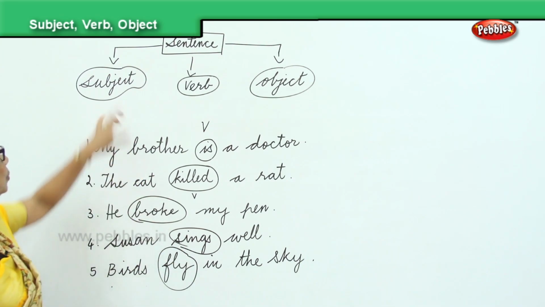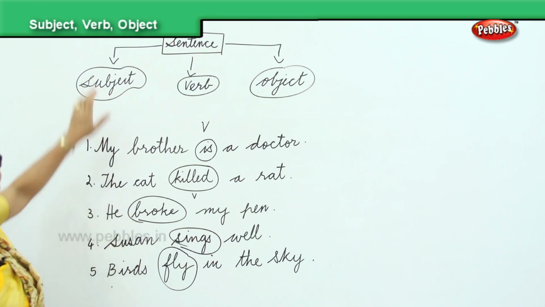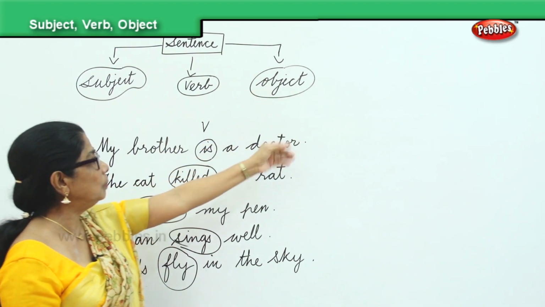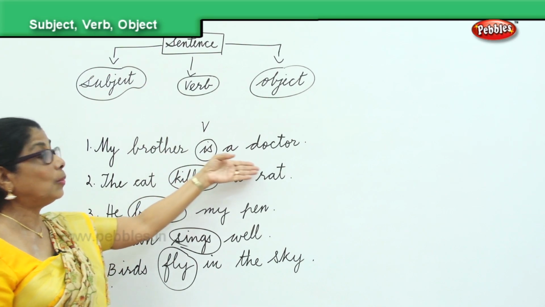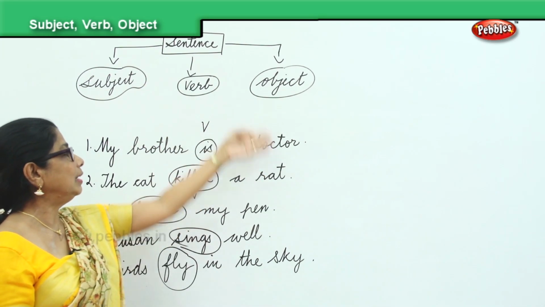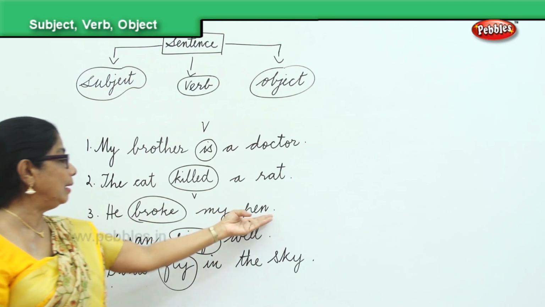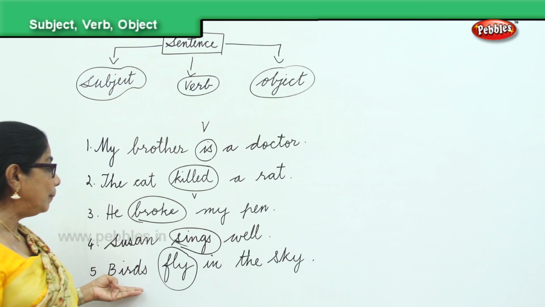The brother is the subject, cat is the subject here, he is the subject here, Susan is the subject, and birds. Now, where is the object? Doctor is the object. Rat. Which is the object he broke? Pen. How does Susan sing? Well. And where do the birds fly?